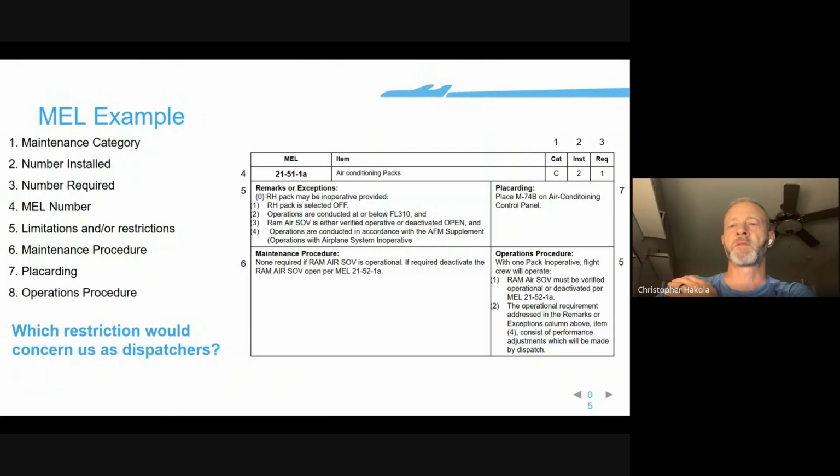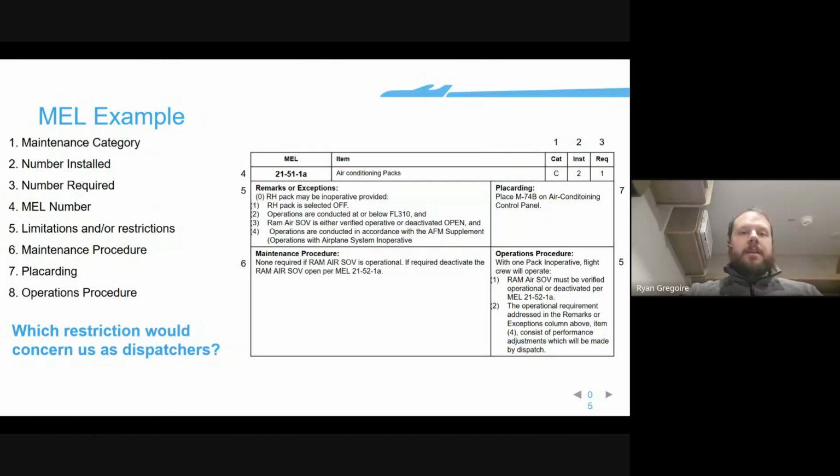Okay. We will be able to pressurize, but because we have now lost our backup system, we don't want to be that high, because if we were to lose the remaining pack, we would no longer have a backup. And now we'd be in an unpressurized state, and we'd be putting the crew and passengers at risk. So for the safety of flight, we're not going to plan above 310. That way we can safely descend to a suitable altitude if we were to lose the remaining AC pack.